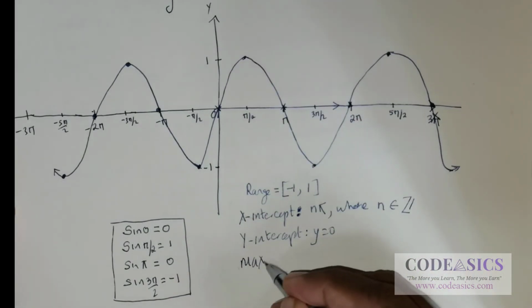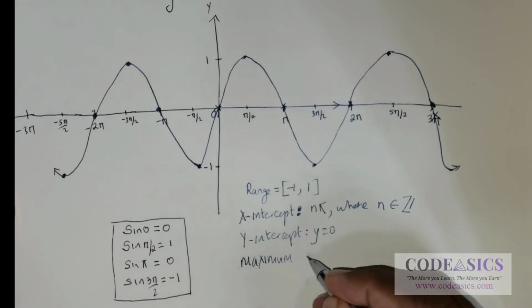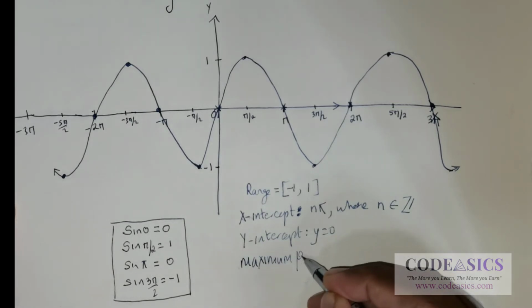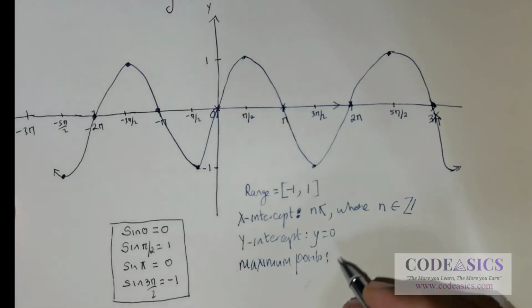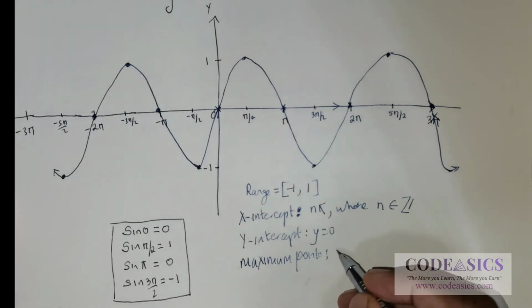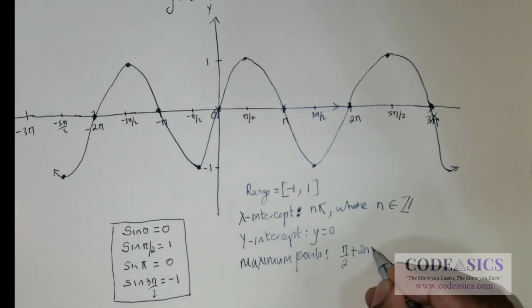So the maximum points, where exactly are we getting the maximum points? We have a maximum at pi over 2 plus 2 times n times pi.